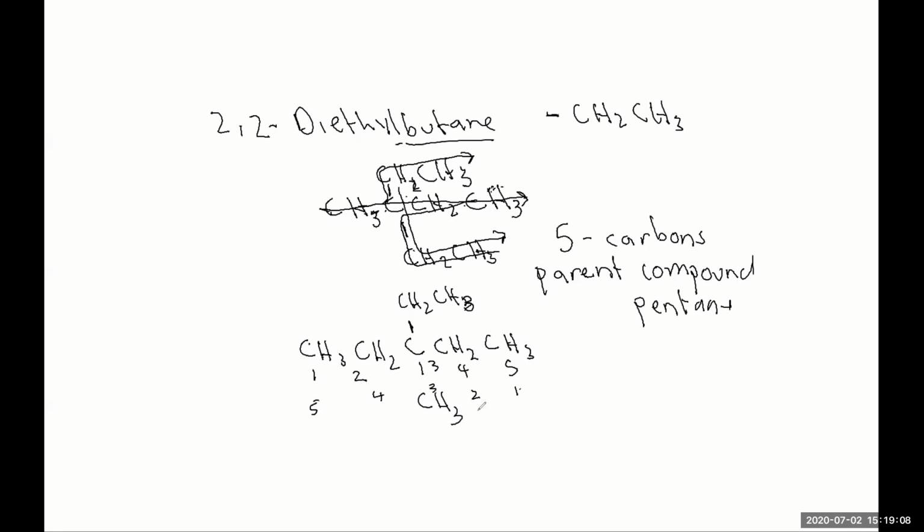So the question is, you have a single methyl group and you have a single ethyl group. The ethyl comes first in the alphabet. The ethyl substituent starts with the letter E, so it comes first, then the methyl substituent, which starts with the letter M. So the ethyl substituent is named first.